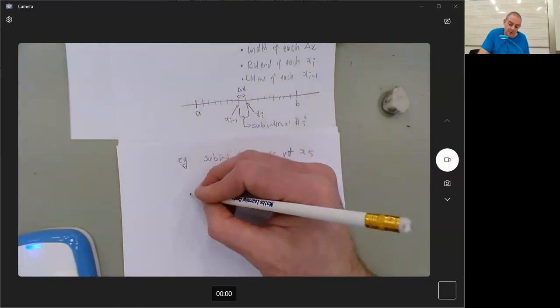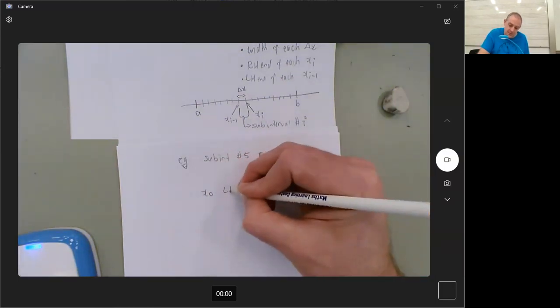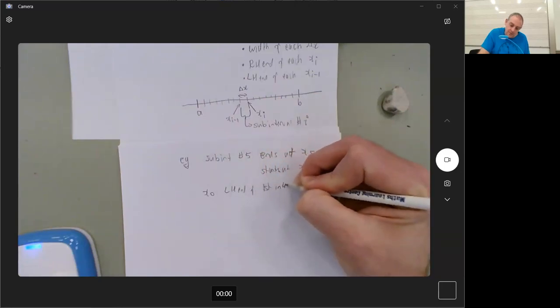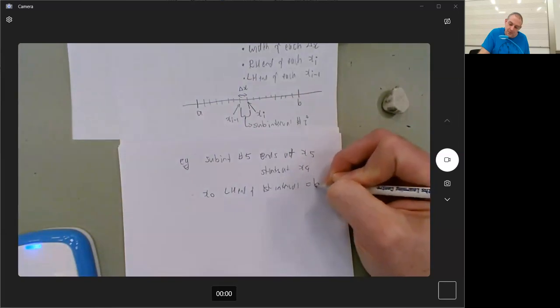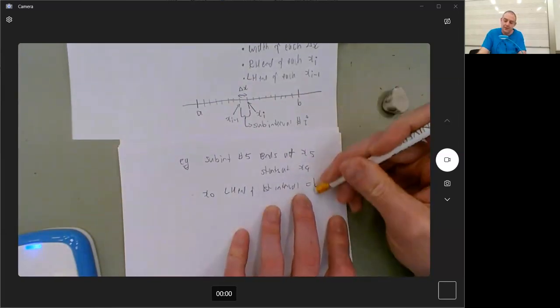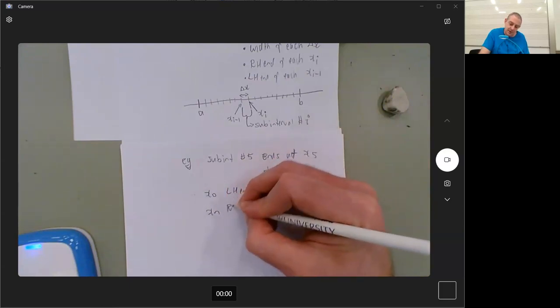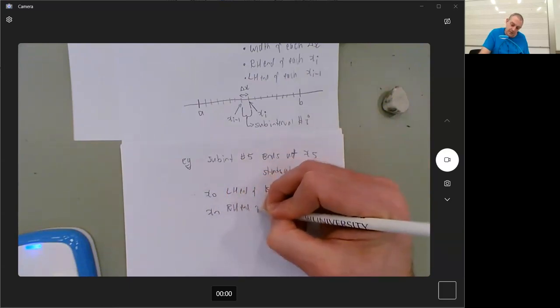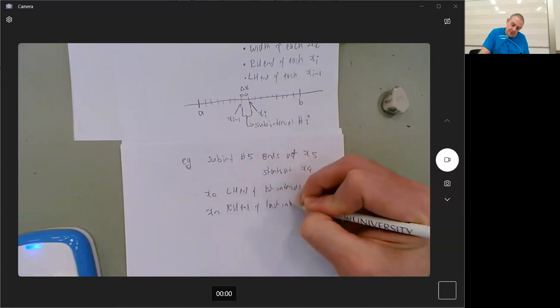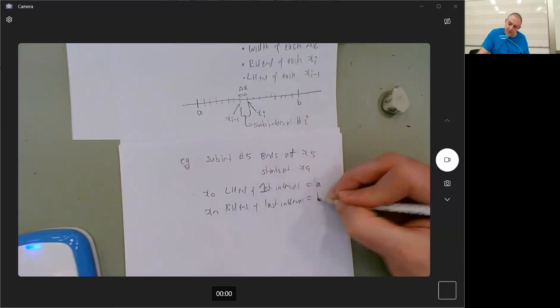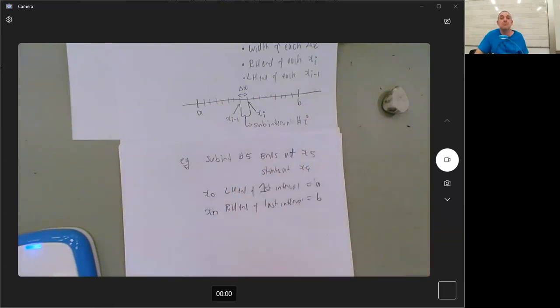So just to say, x0 is the left-hand end of the first interval, and therefore it's A, sorry. And xn is the right-hand end of the last interval, and therefore it's equal to B. There you go.